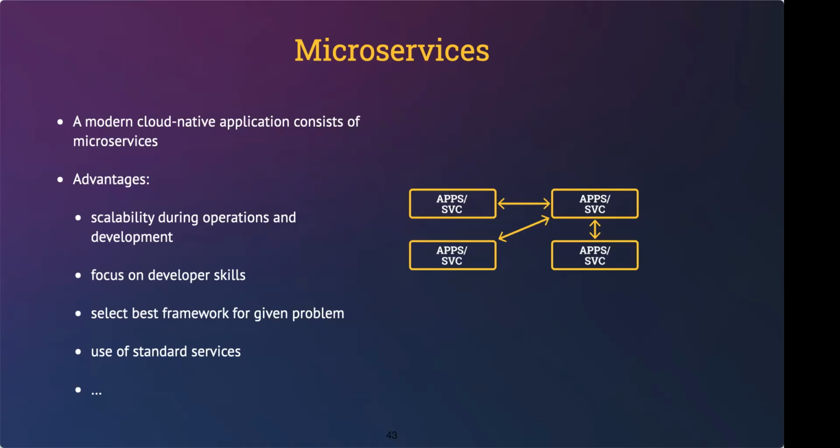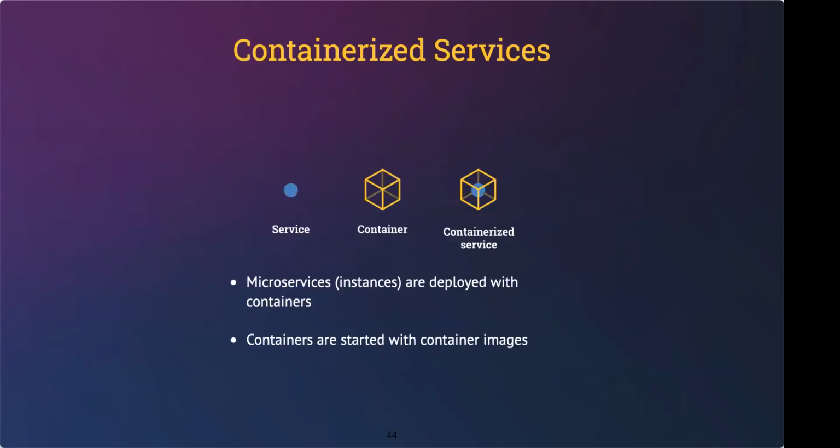They have their different skills. They might use different application or languages. They might use different frameworks that they know, and then you connect all these applications to services together into one big application. And these days, you take your service microservice instance and you deploy that with containers, and then sometimes these are called containerized services.